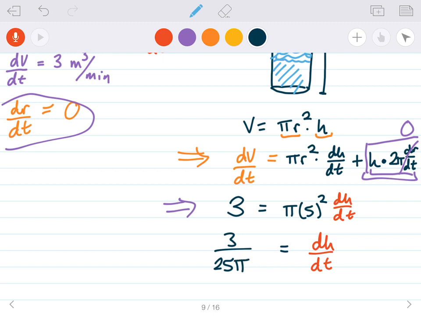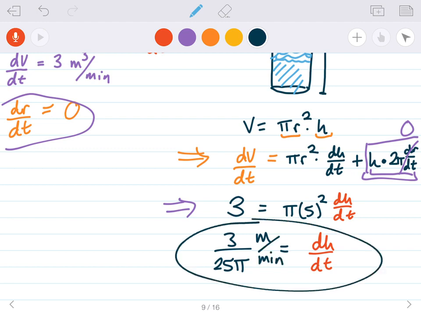Now, my units: we're changing the height with respect to time, so it's going to be the change in meters, because meter is our length unit, the change in meters per minute. So this is my answer. dH dt is equal to 3 over 25 pi meters per minute.